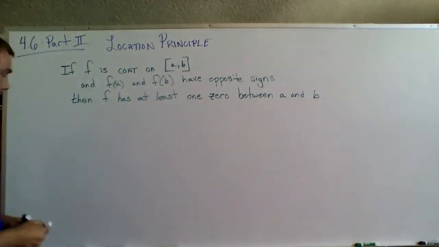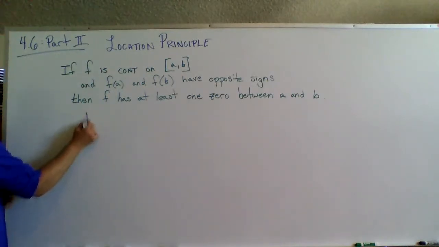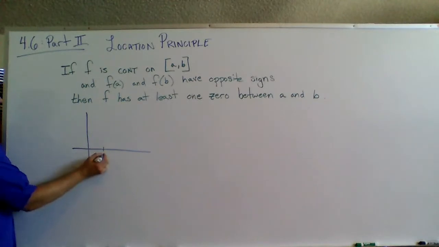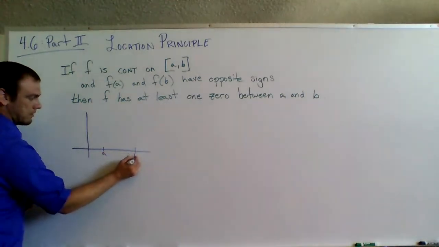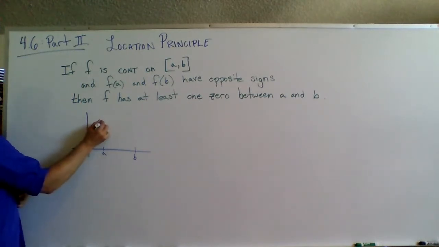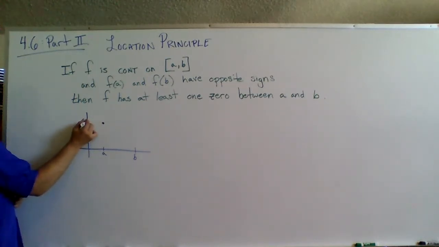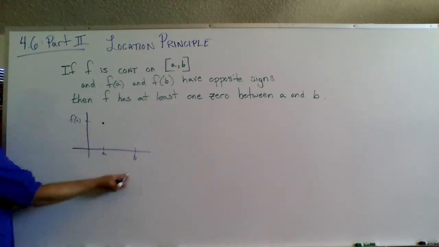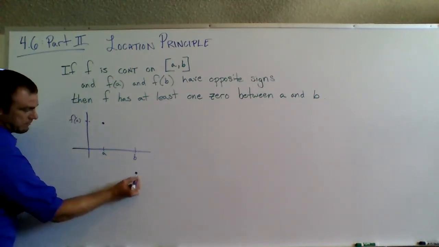So, if I were to draw a picture to help explain this, let's say this is a, this is b. f(a) we're going to make positive, so I'll say that's up here. f(b) is going to end up being negative.